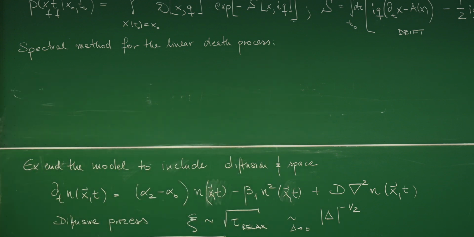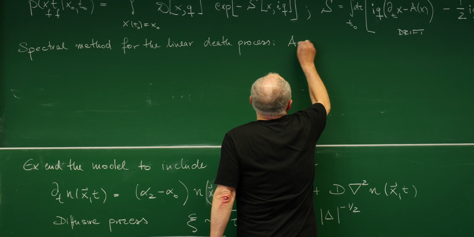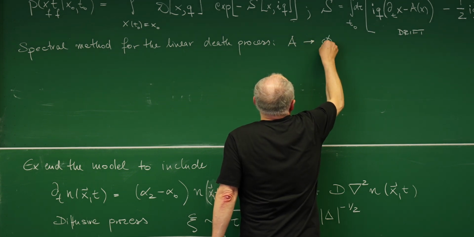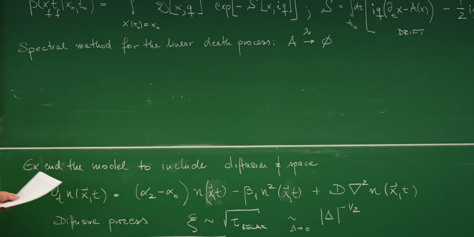Okay, you all know the linear death process. You have particles of one type. They decay at a rate: A goes to empty with a certain death rate that we call lambda.